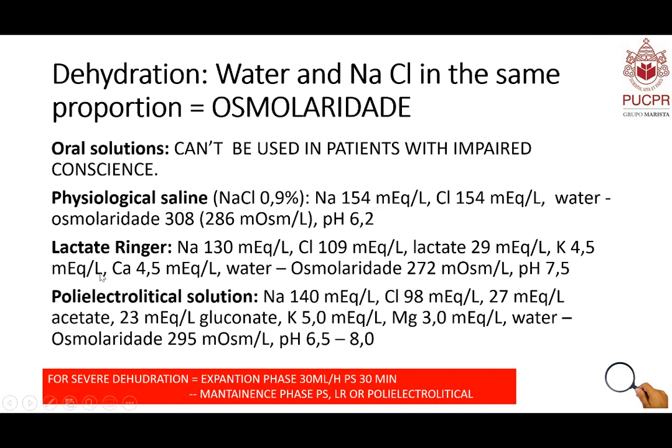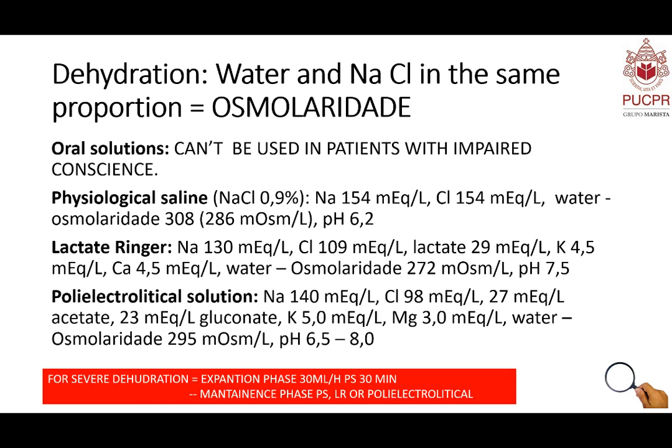And then we have the polyelectrolytic solution. Well, as its name says, it has a lot of electrolytes. What it wants to do is give the patient a lot of electrolytes that it thinks the patient lost.